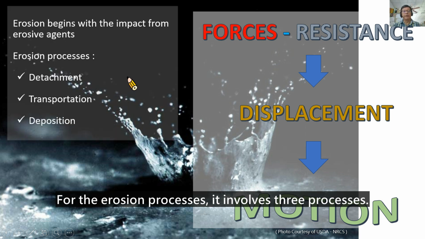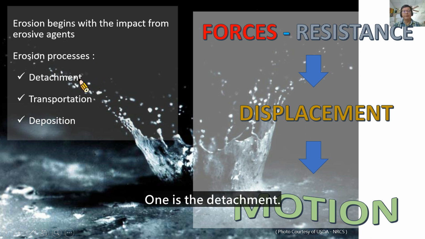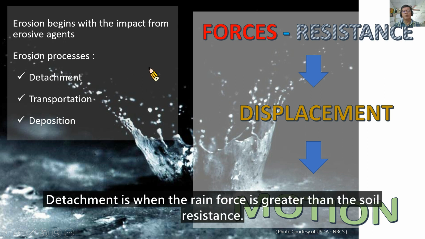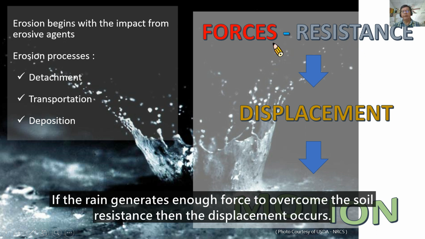Therefore, the erosion process involves three processes. One is the detachment. Detachment is when the rain force is greater than the soil resistance. If the rain generates enough force to overcome the soil resistance, then the displacement occurs.